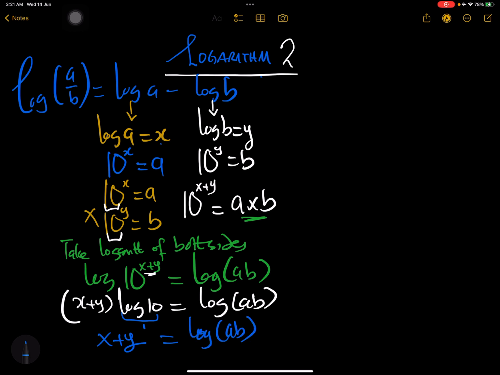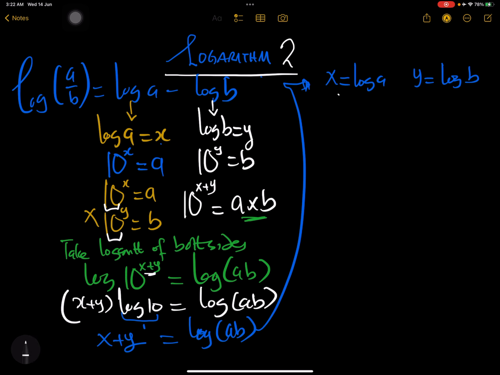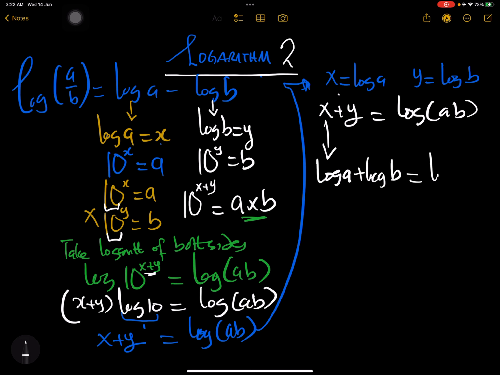Okay, now we're going to bring it here. Remember that x is equal to log A, don't forget, and y is log B. So x plus y, which is log of AB, we're going to plug the x there, which is log A, plus log B, and we get log of AB. So this is the proof for the multiplication, the second law.